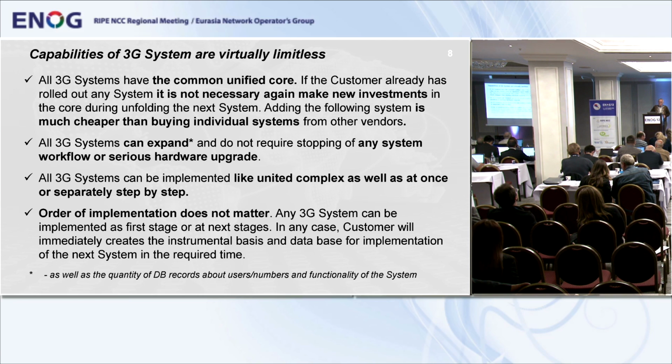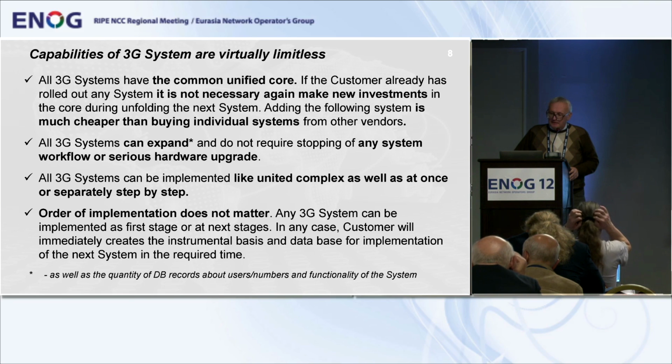I would like to highlight that the core of this system is the ENUM platform. It's a unified core nucleus, and thanks to it we get huge savings in the given systems.